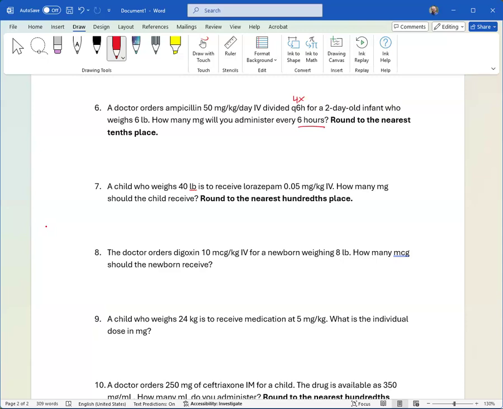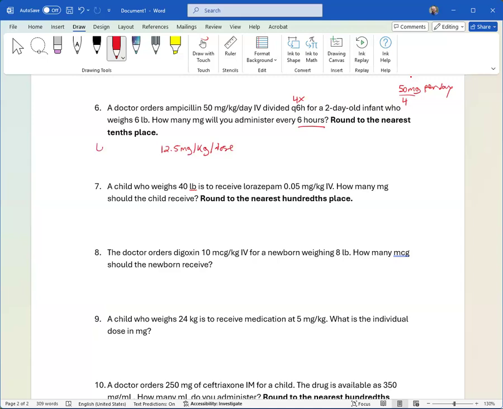So if I'm giving 50 milligrams per day, what I need to do is find out how many milligrams to give per dose. And if I'm giving 4 per day, then I need to divide by 4. So 50 divided by 4 gives me 12.5. So that's where that number is coming from, the 12.5 milligrams per kilogram per dose.